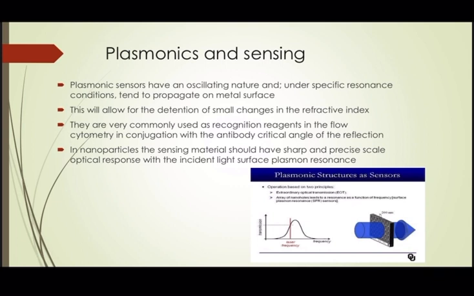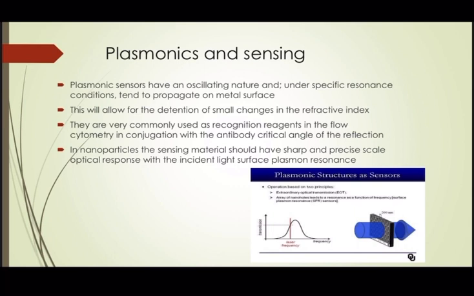Basically, plasmonics and sensing. Plasmonic sensors have an oscillating nature and, under specific resonant conditions, tend to propagate along metal surfaces. This allows for the detection of small changes in the refractive index.